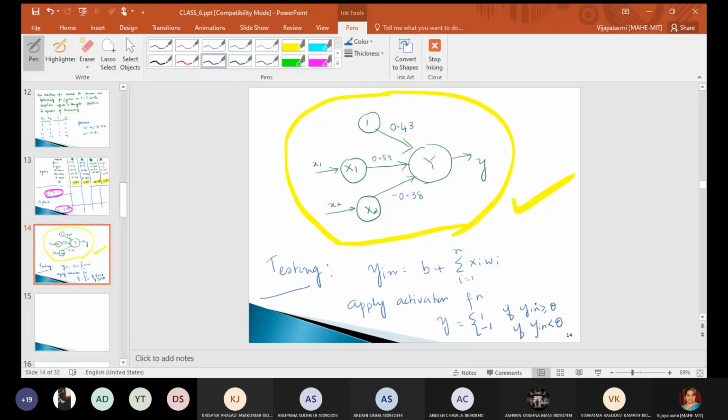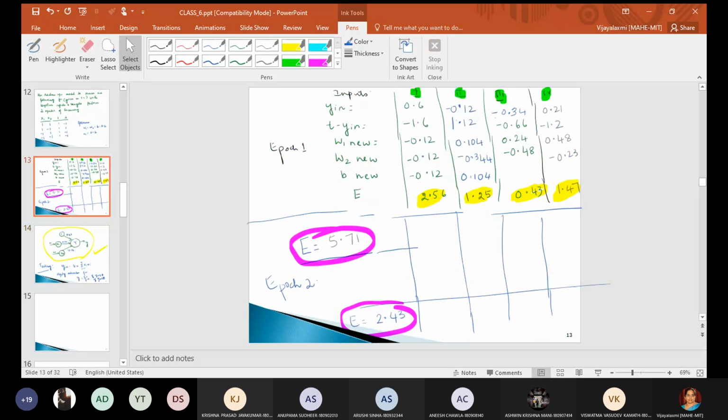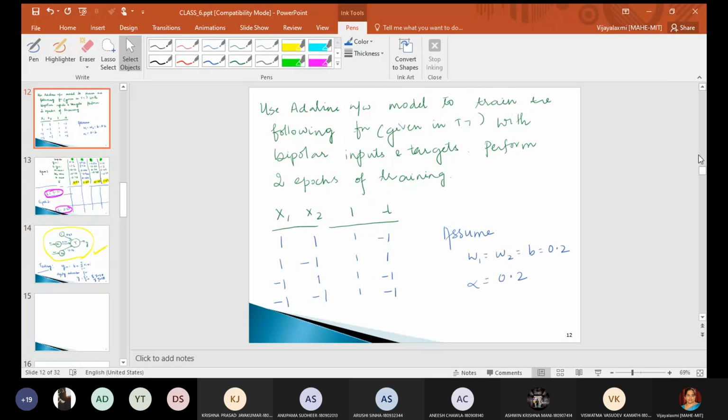I think in one case it will come 0.6 for the first row of the truth table. There are 4 cases, so we have 4 rows. When I tested it, the first case comes 0.6, the second case 1.36. Corresponding to the threshold value, above a certain value it is positive, and below that you will get all negative: minus 1, minus 1, minus 1.